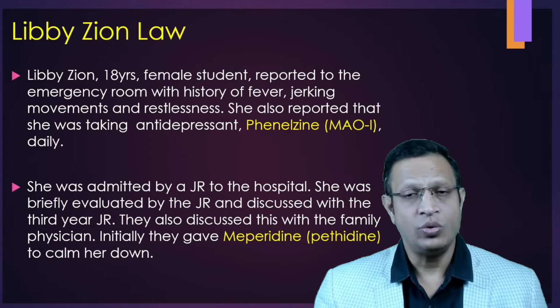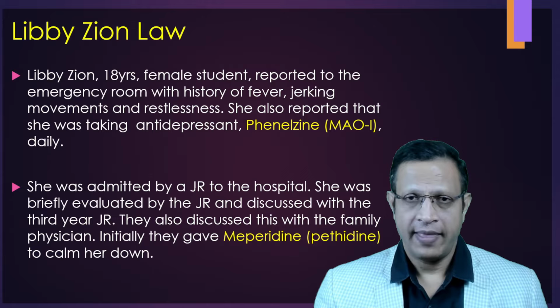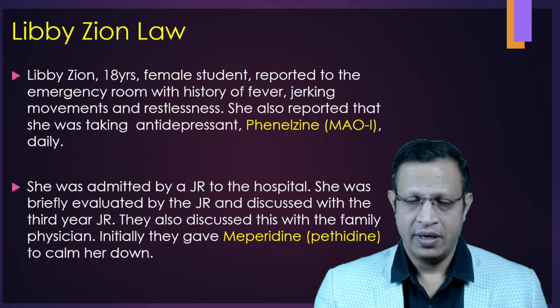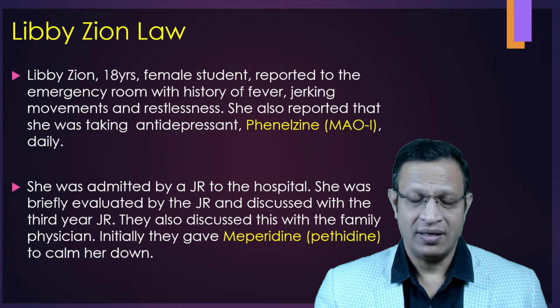Immediately, there were two junior residents in the hospital who assessed her and admitted her to the ward. She was briefly evaluated by both the junior residents, one of whom was a first year and the other a third year junior resident.